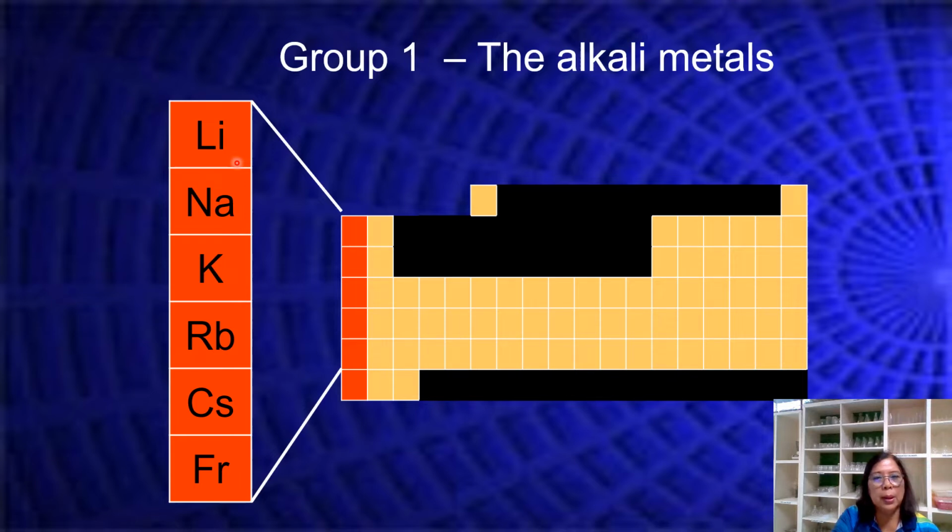For this session, we have to discuss the lithium, sodium, potassium, rubidium, cesium, and francium. All of them belong to group 1, and they are also called the alkali metals.